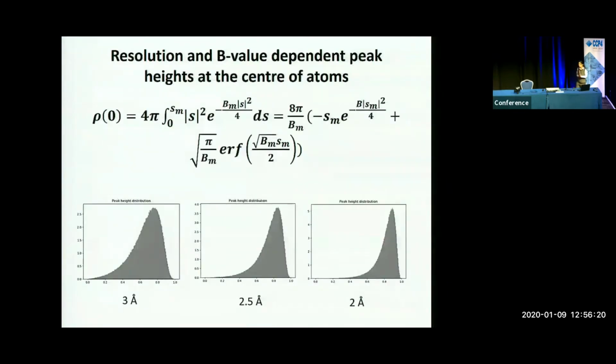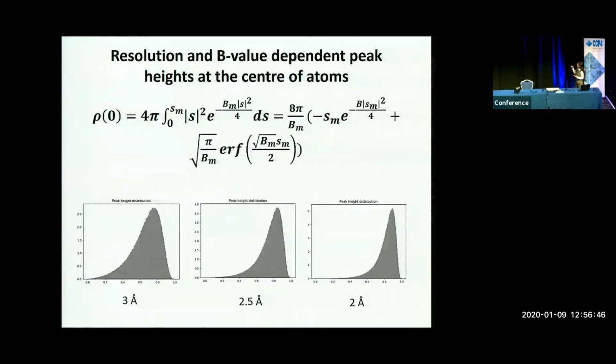Since three-dimensional maps used for model building in crystallographic and cryo-EM experiments correspond to the densities of electrons and electrostatic potentials, it is interesting to analyze the effect of B-values on peak heights at the center of atoms within a given resolution.